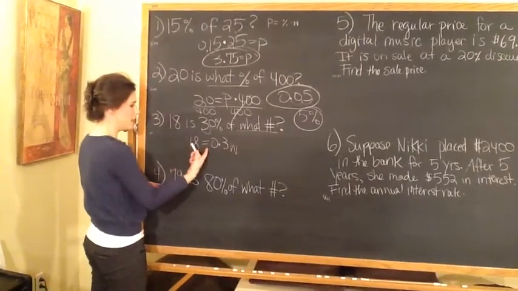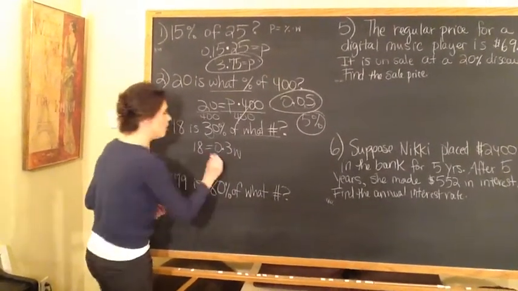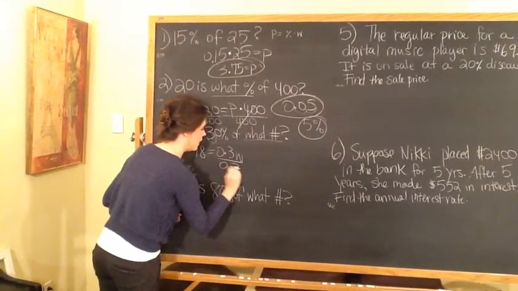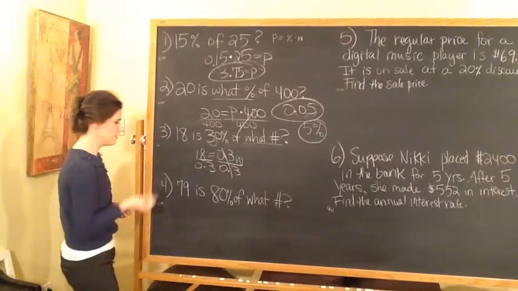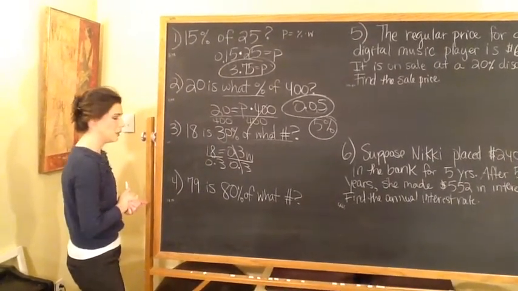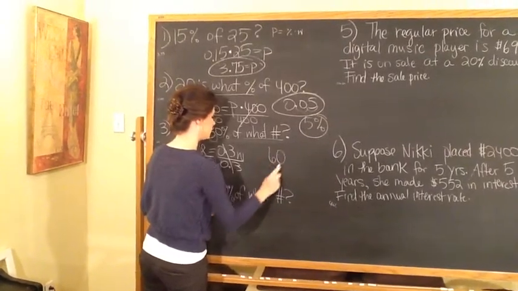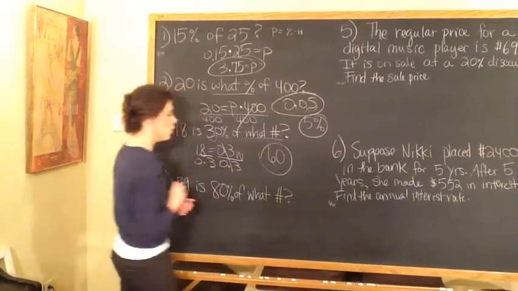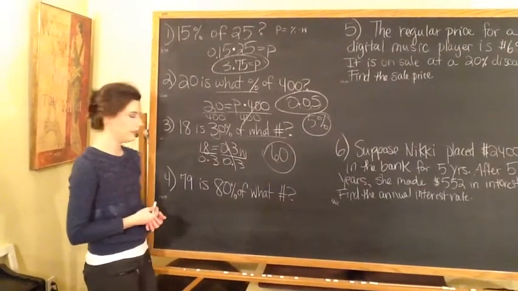So 18 is 30% of what number? So now it's time to solve by dividing by 0.3 on both sides. Okay, as soon as we do that, we'll do 18 divided by 0.3, and we're going to get 60. Okay, so that's our missing whole. So basically if you do 30% times 60, you'll get 18.